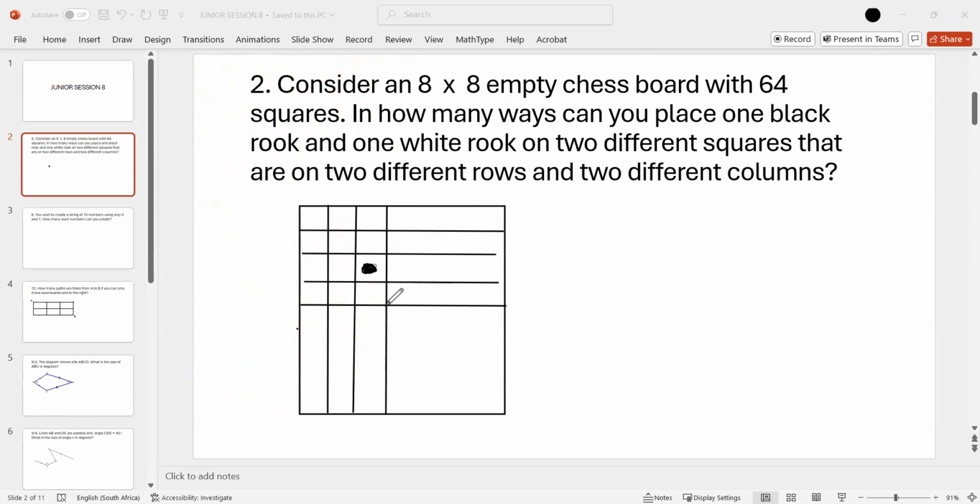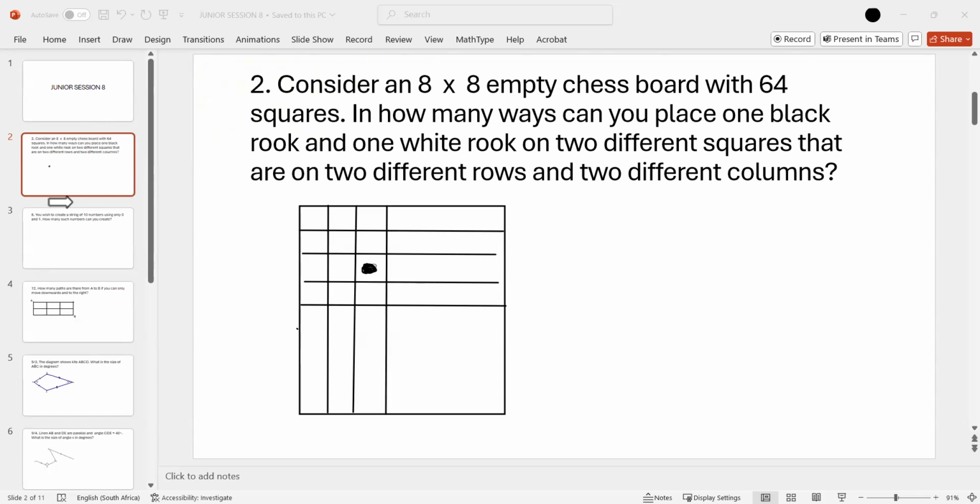In other words, the white rook cannot be on this column and it can't be on that column. At least on this row, which I am pointing to, I don't know whether you can see it. It's not allowed to be on this row, and it's not allowed to be on this column. So the question is, how many ways can you do this?